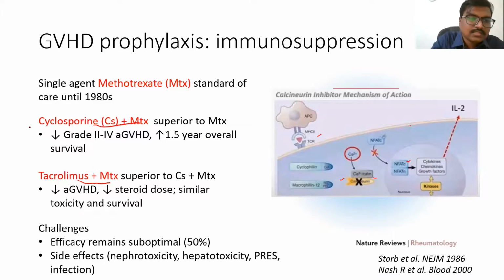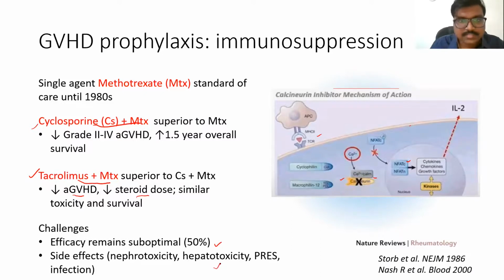So currently, this is the regimen which is being followed, and these combinations were shown to have decreased the incidence of GVHD, decreased the steroid dose required, and however, even after using tacrolimus and methotrexate, the efficacy still remains suboptimal and with a lot of side effects.